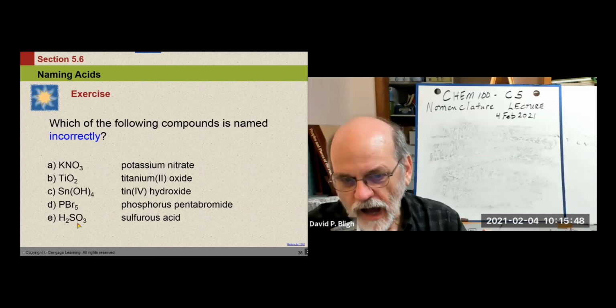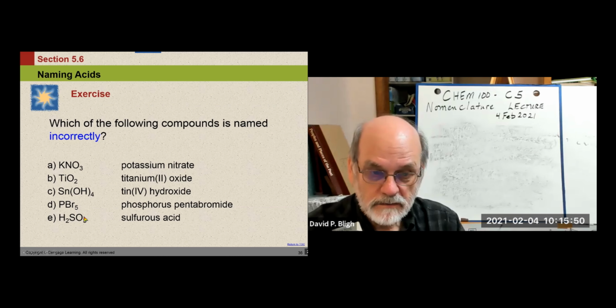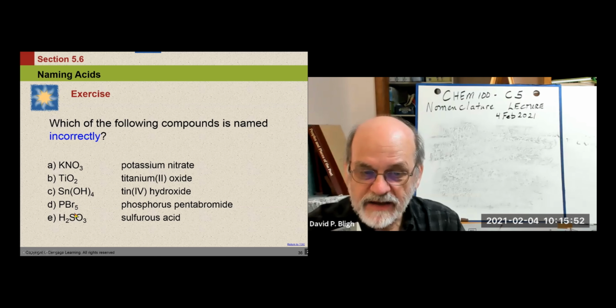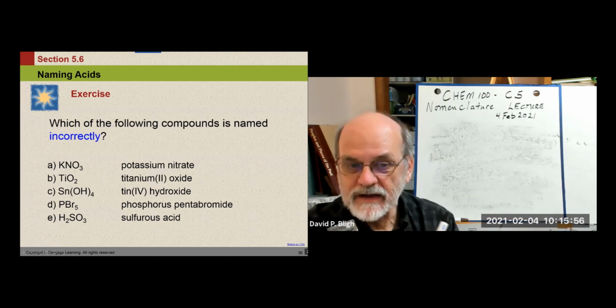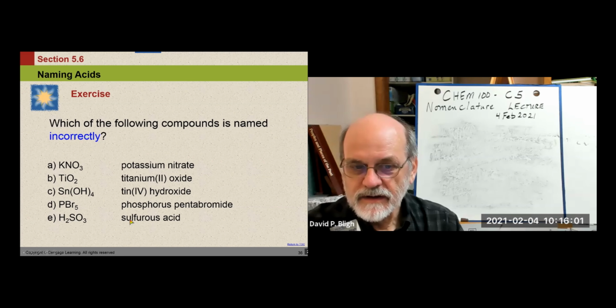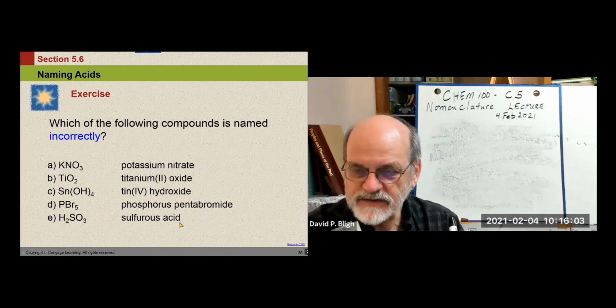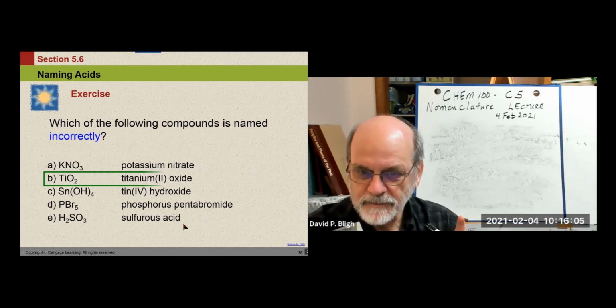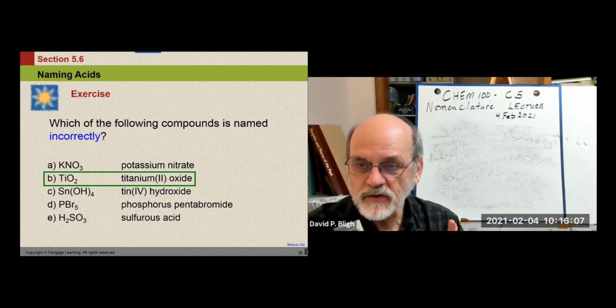So oxygen means no hydro. What is the polyatomic origin? SO3 is sulfite. Ites become ous's. So sulfurous acid is correct. So that's the only incorrect one in this group. Needs to have a Roman numeral 4 there.